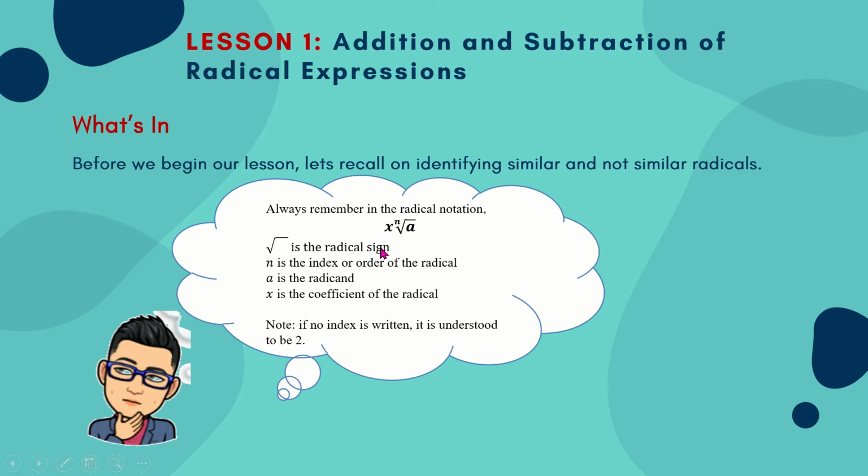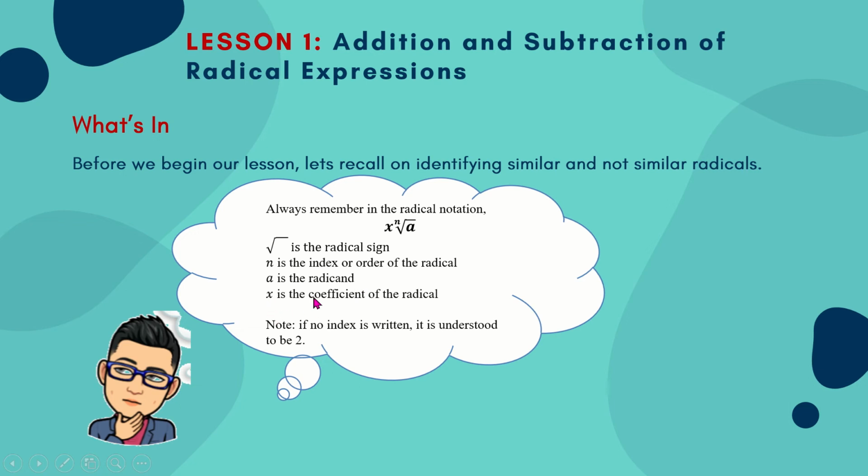You have there x nth root of a, wherein this symbol is the radical sign, and there is the index or order of the radical. A stands for the radicand, which is either a variable or a number.